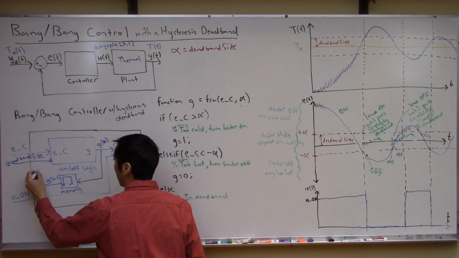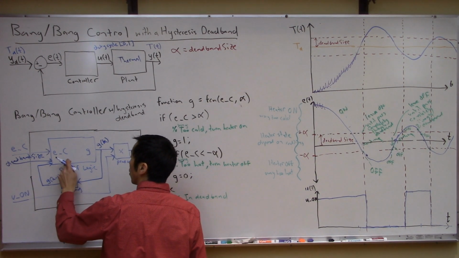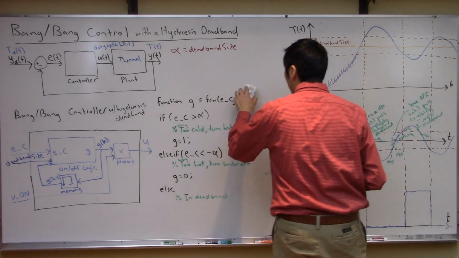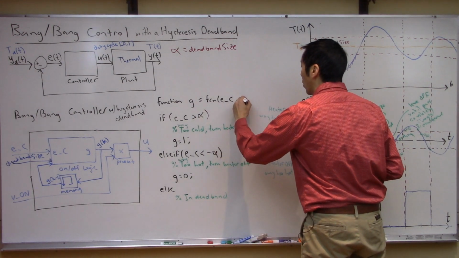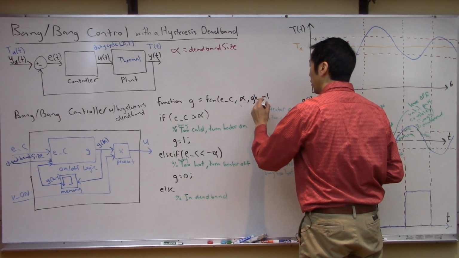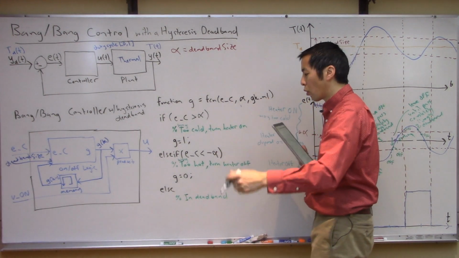So I need to feed this over to this function. This on-off logic now needs one more piece of information, not just the deadband size, but also what you were doing. Let's call it GKM1, for G at K minus 1. What were you doing one time step before?